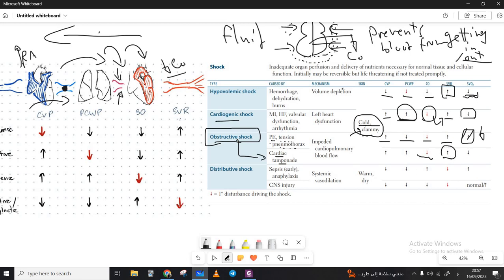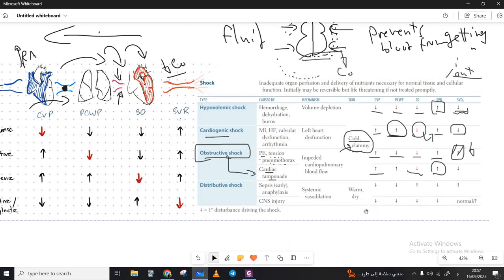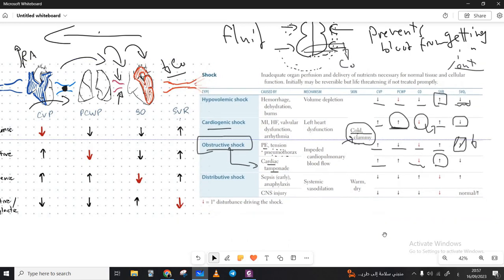But the interesting thing is, since blood can get in, it will accumulate all over. So it accumulates in the lungs, in the right side of the heart, all over, and mainly on the right side of the heart, increasing the central venous pressure. But the interesting thing is, since you have a lot of volume pressuring the heart, let's see it here.